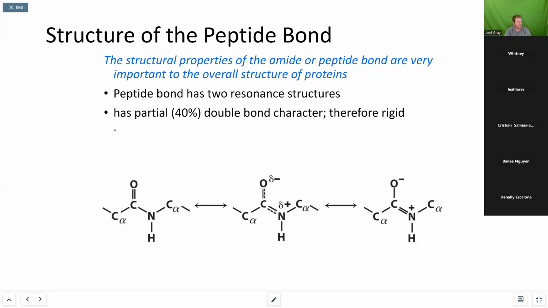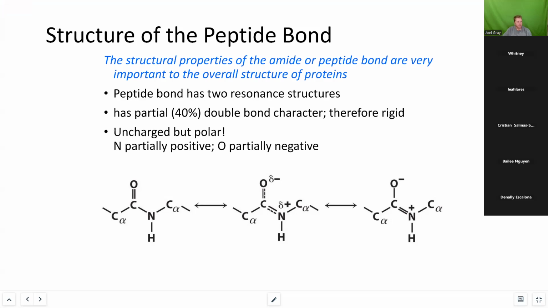Now, whenever you identify that alpha carbon and that peptide bond, one thing that's important to remember, regardless of the pH, is that a peptide bond is going to be uncharged. That means it has no net charge.